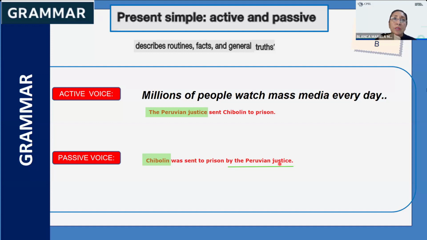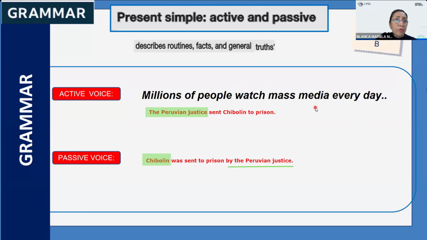Because most of the time, the papers focus on the findings or the results of their research. So that's why you will find that many times these papers are written in passive voice. So let's start like that.